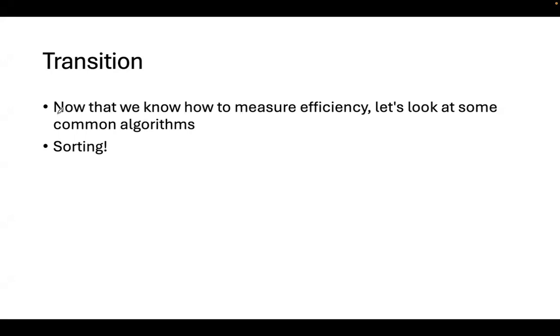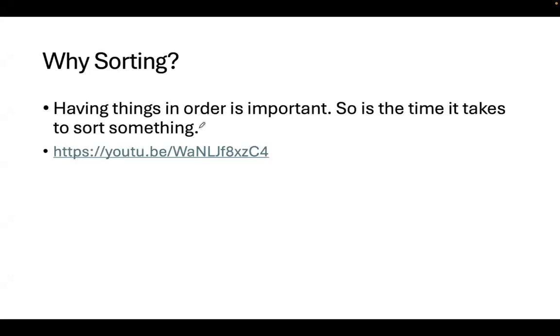That's our inheritance and our linked list, stacks and queues. And then now we talk about the efficiency of how good the thing we're writing is. And so we're going to look at some common algorithms, which are sorting. The reason we talk about sorting is because it's really important in all sorts of applications to have things in order. And so we want to be able to figure out a way to sort something.